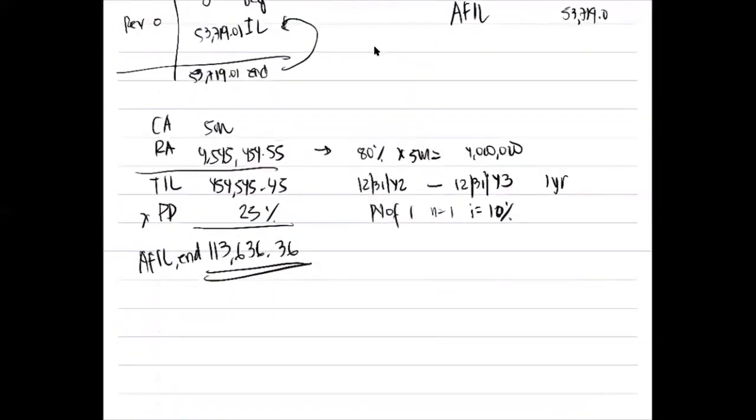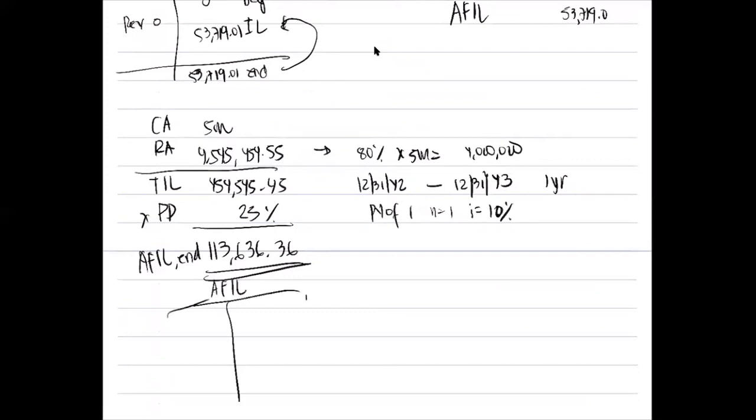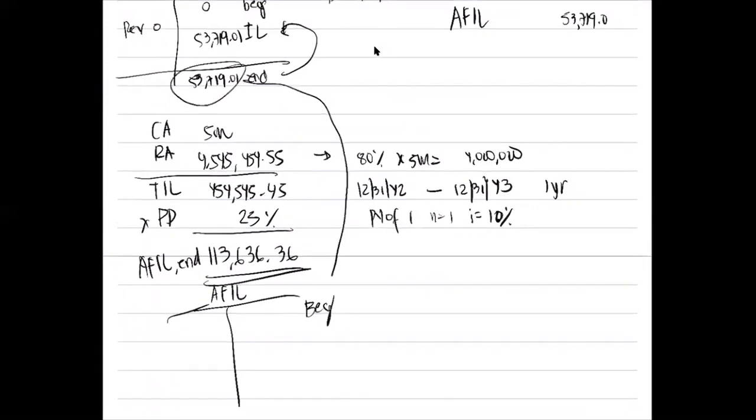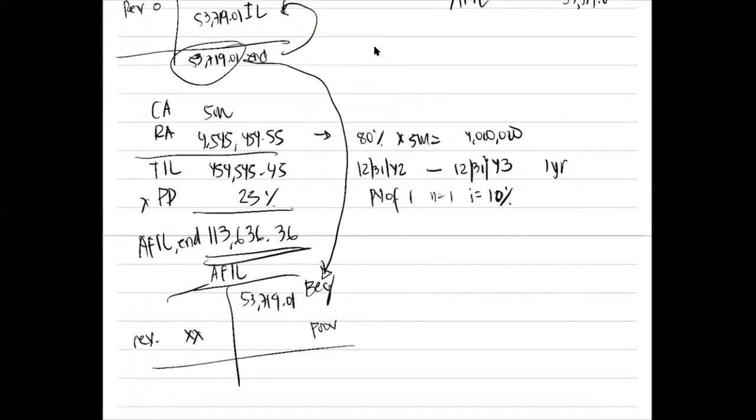AFIL end. Okay, we make our T account for AFIL. So what is our AFIL beginning? Kung ano yung una mo na-compute, yun yung beginning naman natin. 53,719.01. Do we have any reversal of AFIL? None. Do we have any provision for AFIL? We don't know yet. But we know the ending. Our ending is 113,636.36. So based on that, we can compute for our provision.